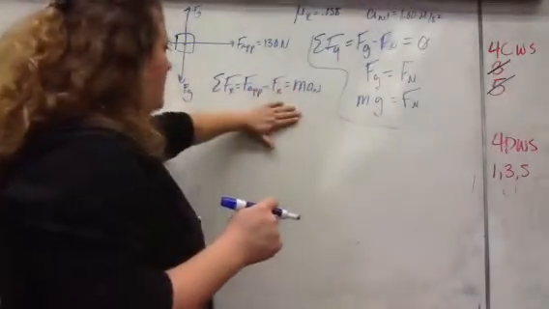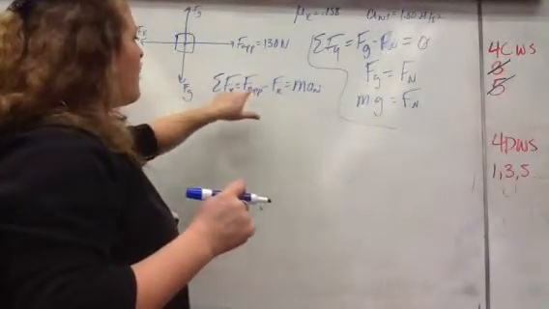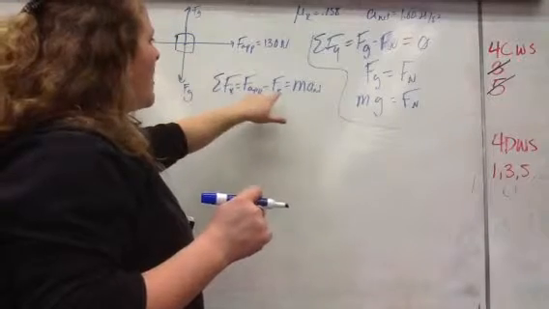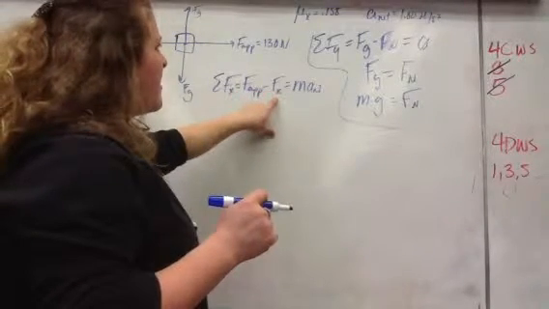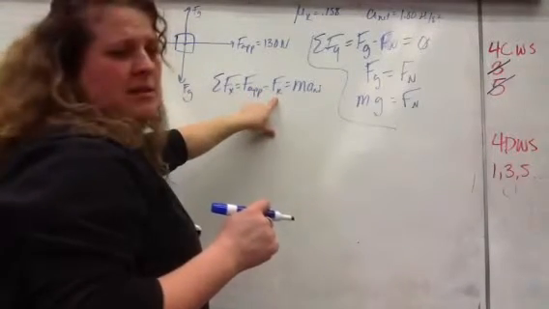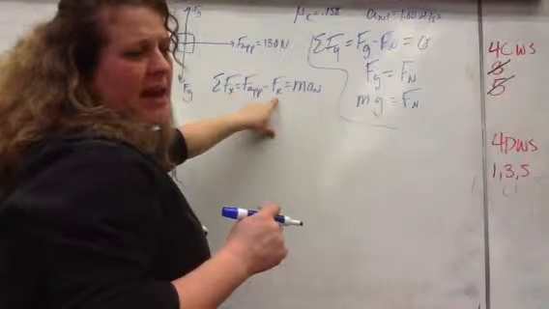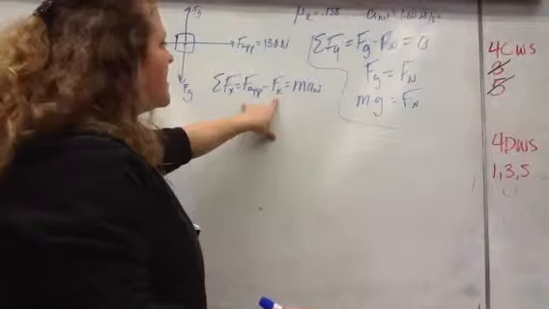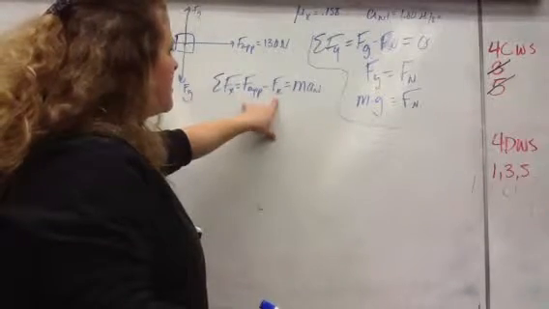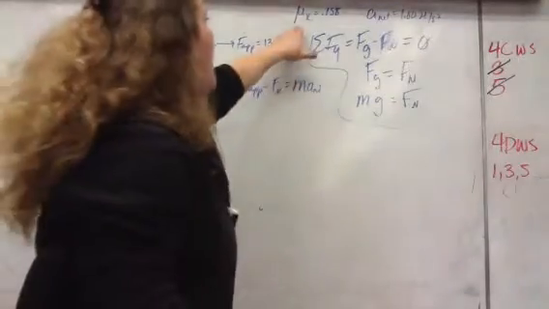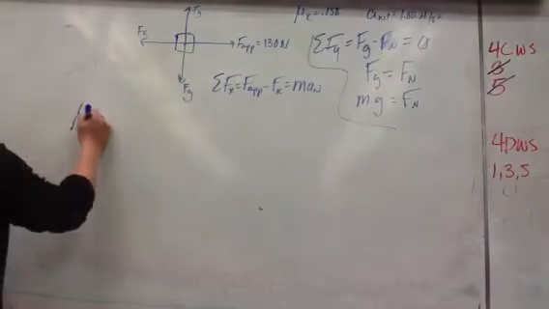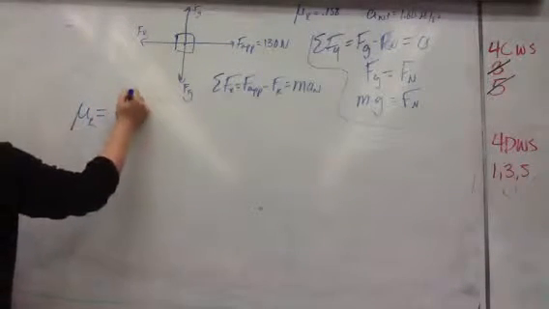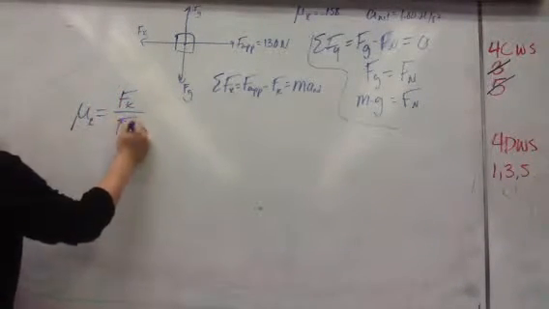So, we're given this. We have something that will relate us back to this. So let's go ahead and, actually no, you know what? We can use this as it stands because we have mu k is equal to Fk over Fn.